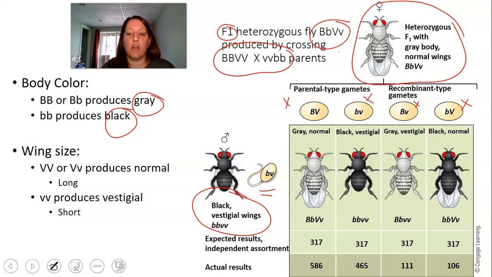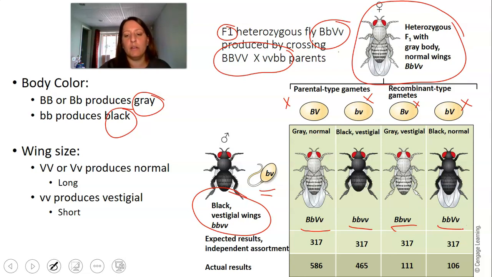We look at the resulting offspring. Okay, now the offspring are listed here. So flies resulting from this fertilization would be gray with normal wings. Flies here would be black with vestigial wings. Flies here would be gray with vestigial wings. And flies here would be black with normal wings.